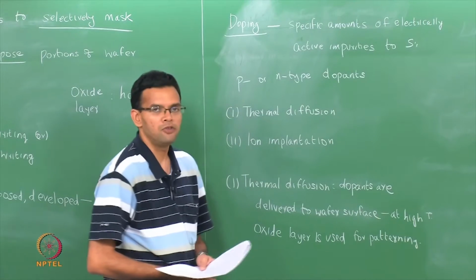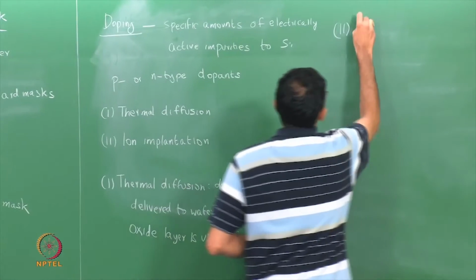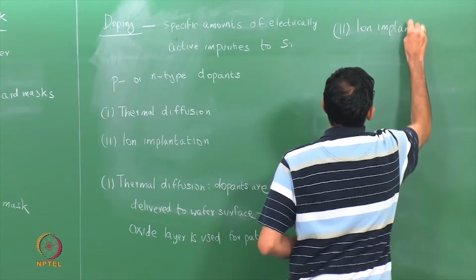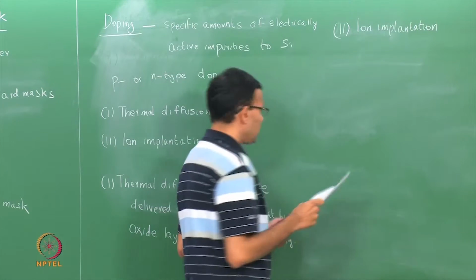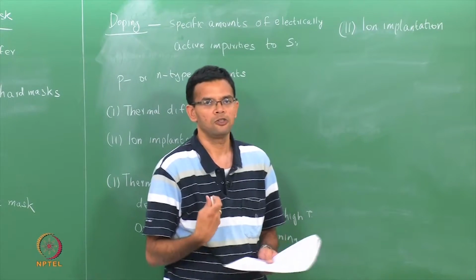So, the other way of doping is called ion implantation. In the case of ion implantation, the sample is maintained close to room temperature.